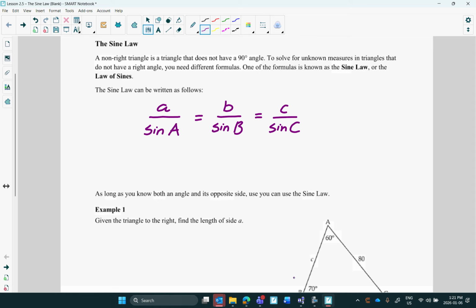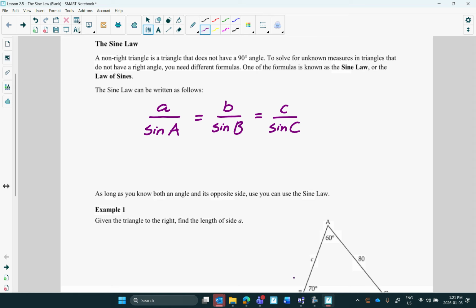You do not have to worry about writing this on a reference sheet because you will always be given this. Okay? This will be on the formula sheet.